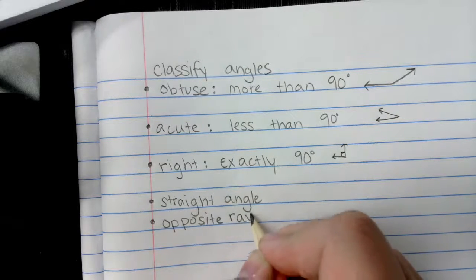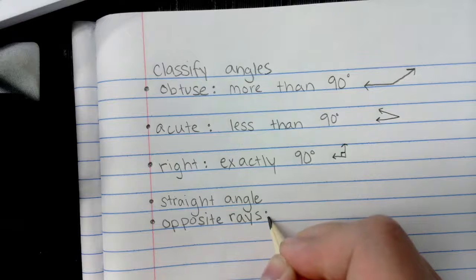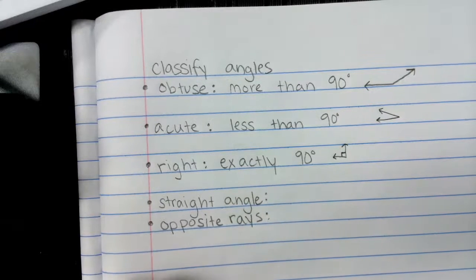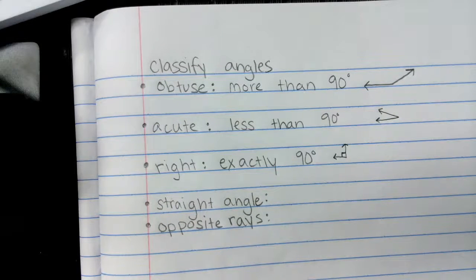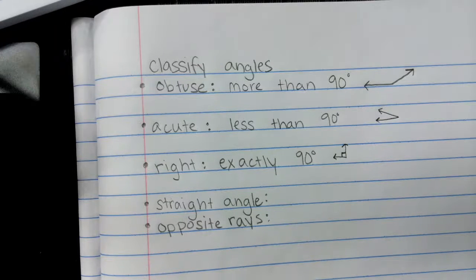They mean the same thing. They're two different ways of saying it, so I'm just writing both. What are you thinking when you hear straight angle or opposite rays? What might it look like? 180 degrees, like your pencil.